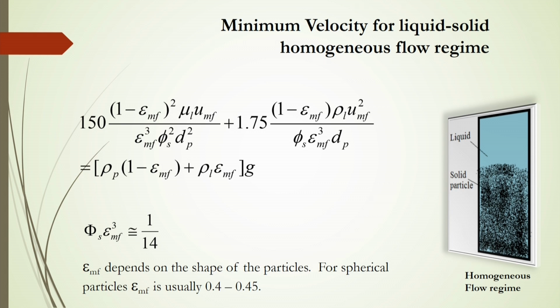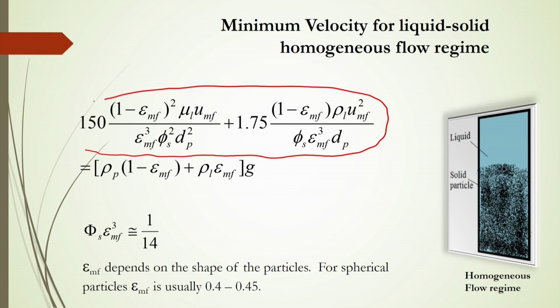In this case also, you have to find out the frictional pressure drop from the Ergun equation. The Ergun equation is the part by which you can calculate the frictional pressure drop, whereas rho p into (1 minus epsilon mf) plus rho l epsilon mf, into z, this part is called the weight of the bed, or apparent weight of the bed.